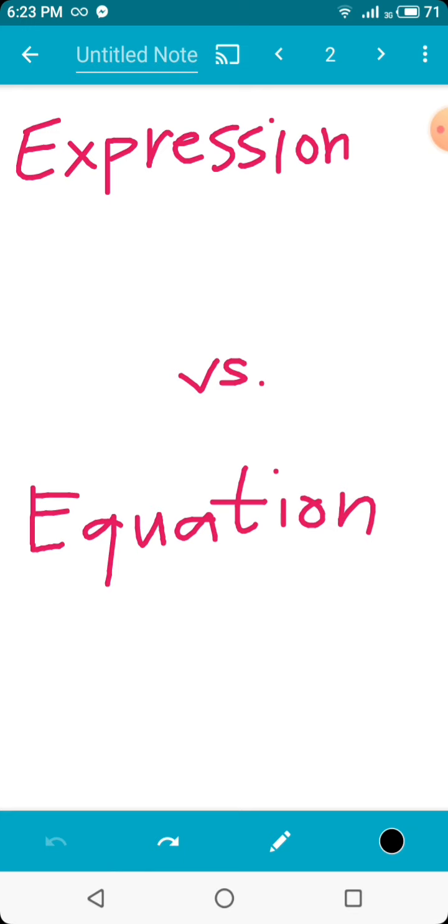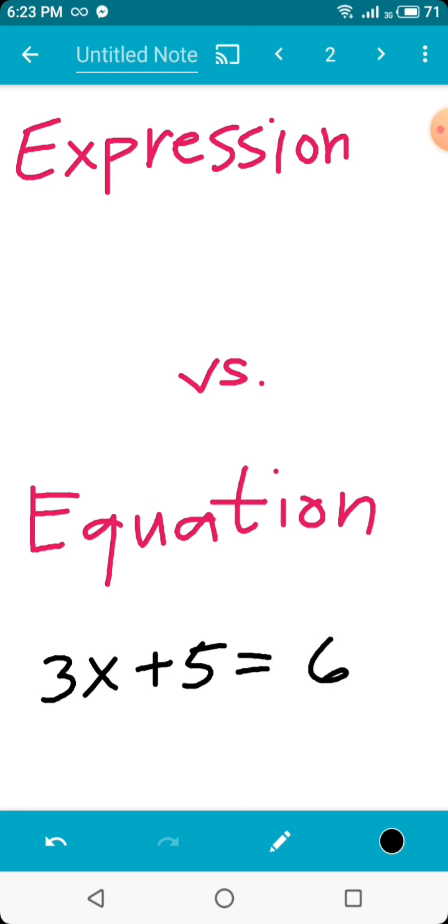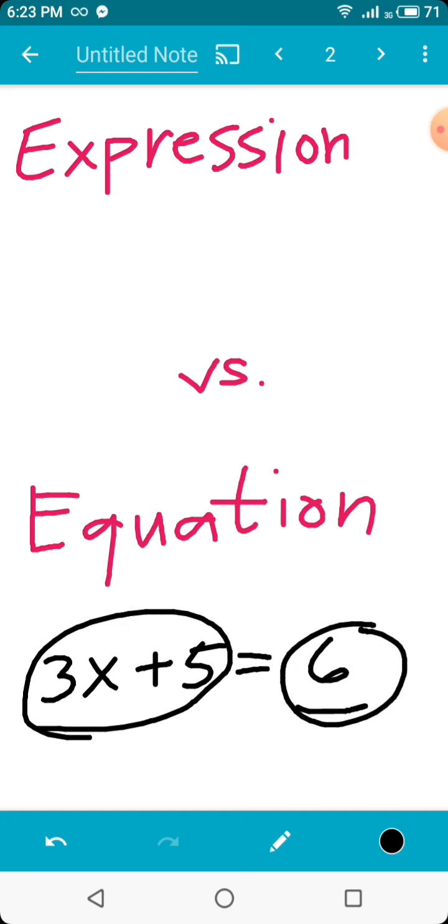Pag sinabi namang equation from the word itself, equate, so, meron na siyang equal sign. So, let's say 3x plus 5 is equals to 6. Okay? So, yung expression na to, meron ng kasama dito sa kabilang side at pinagsama sila gamit yung equal sign.